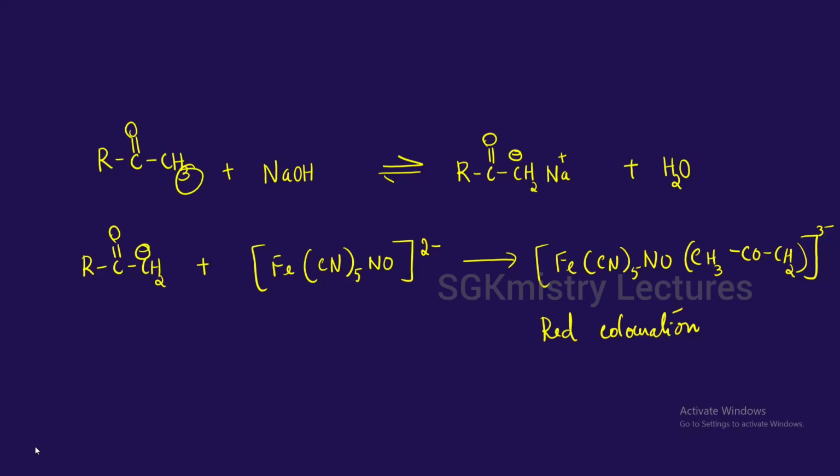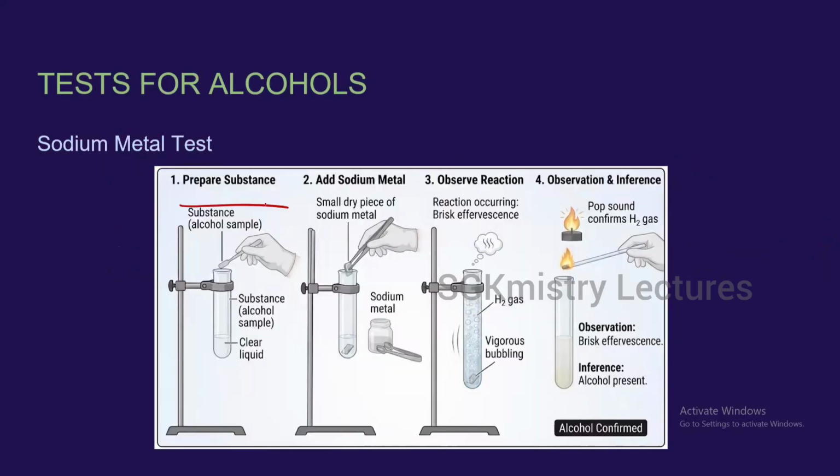Now let us look into how we are going to perform the various tests if alcohols are given. The first test that you need to perform is the sodium metal test. You take the substance in a dry test tube. Again, we have to be very careful here, because hydrogen gas is liberated in the reaction if the alcohol is given.